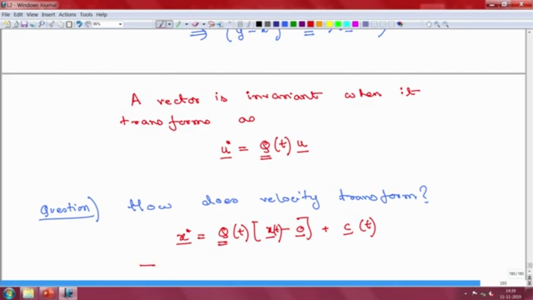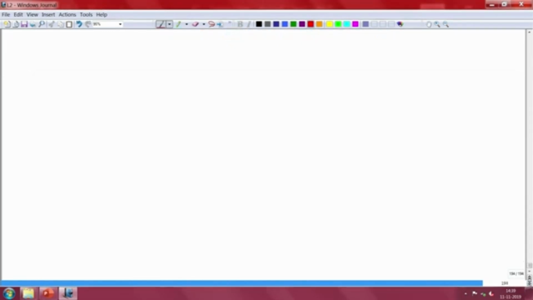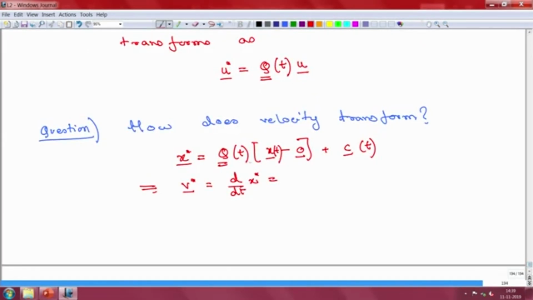So, your transformed velocity is nothing but the derivative of this, the d dt of x star. If you take the derivative, remember that this q can also be a function of time, and you have x also a function of time. So, you have to apply the chain rule.